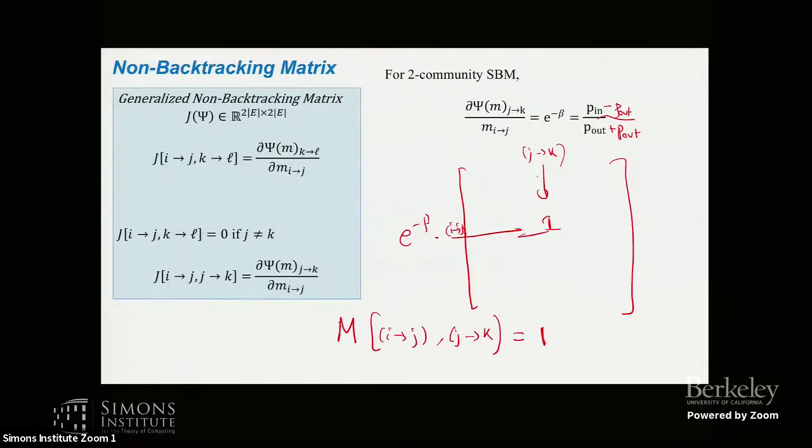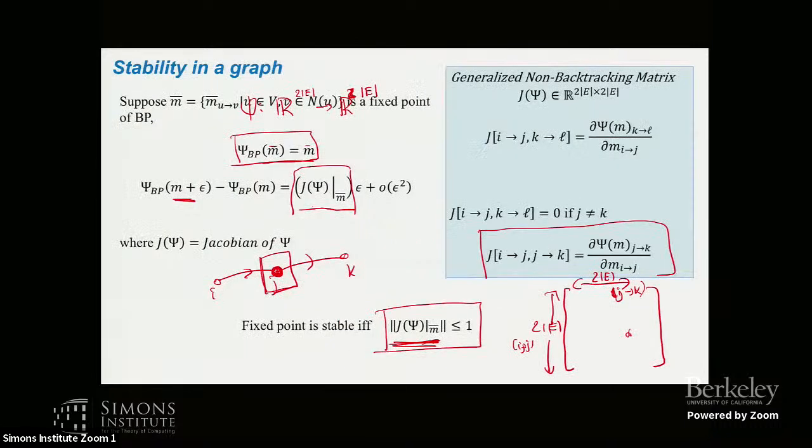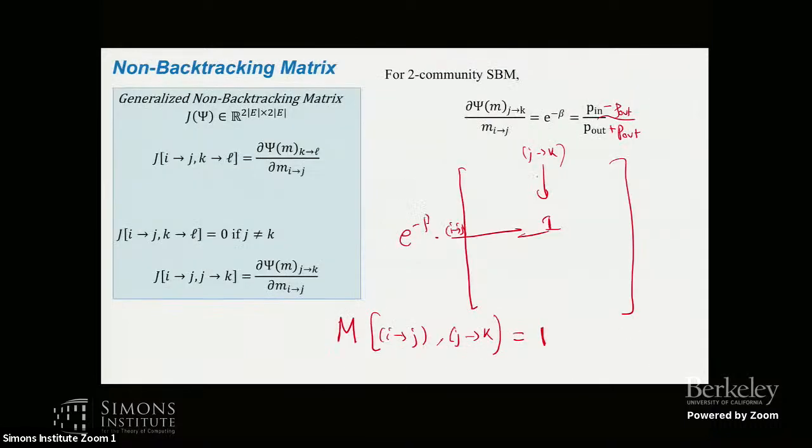Why the i to j, j to k sort of matrix with two edges? Well, that's because of the following simple reason.